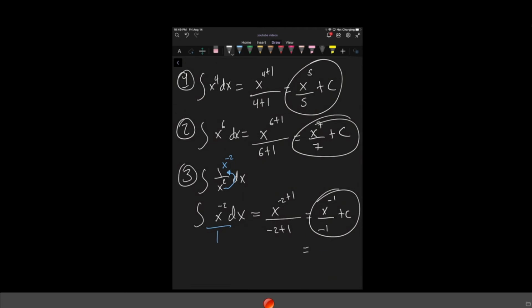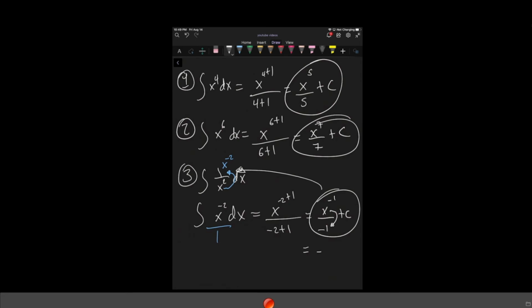But if you want to write your answer this way, you can also do it, by just moving the x raised to the negative power to the denominator.